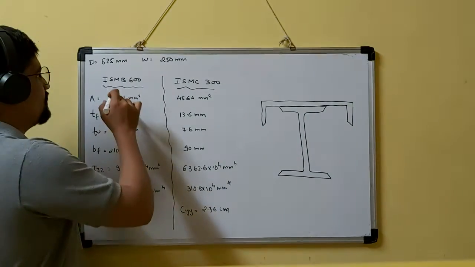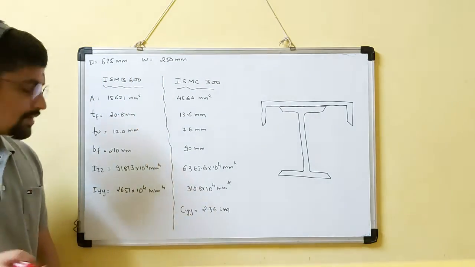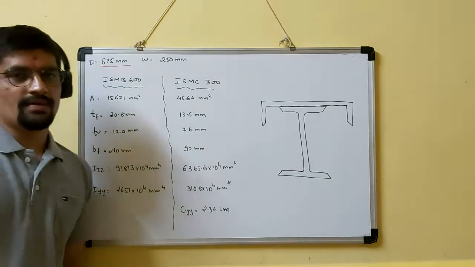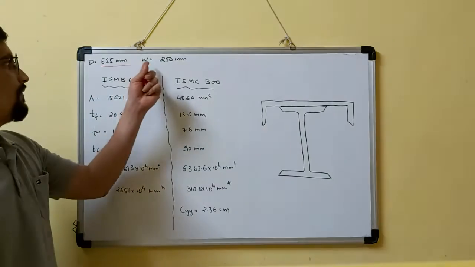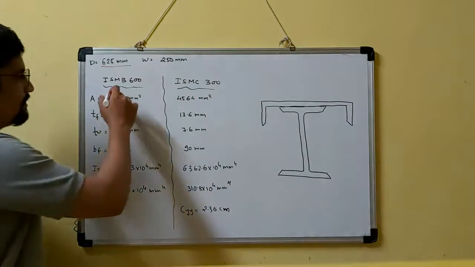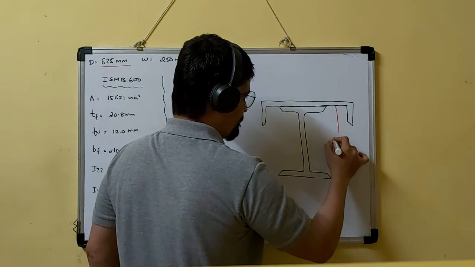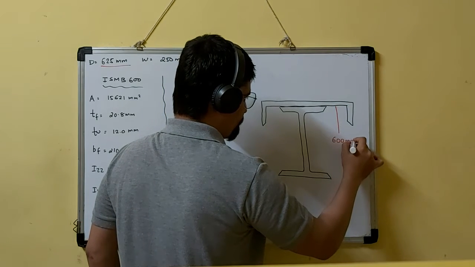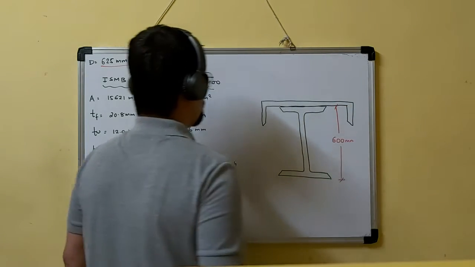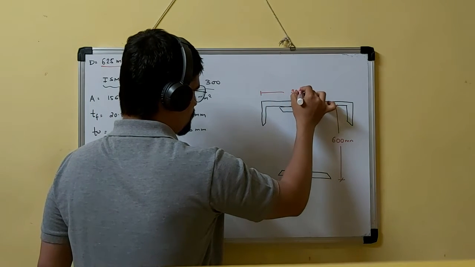For the 620 mm depth, I have provided a 600 mm ISMB section, and for the 250 mm width I have provided ISMC 300. That means the I section depth is 600 mm, from here to here, and the ISMC 300 is from here to here.